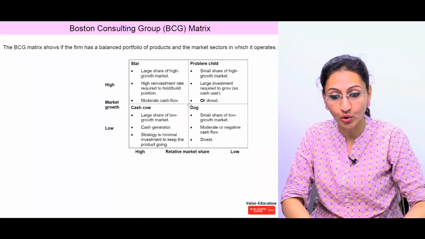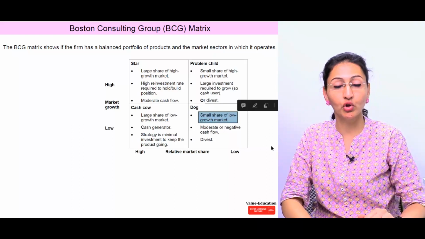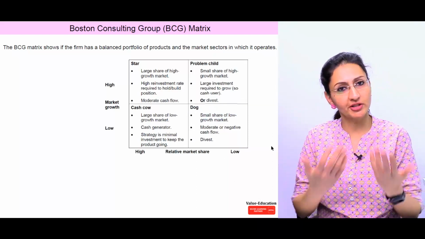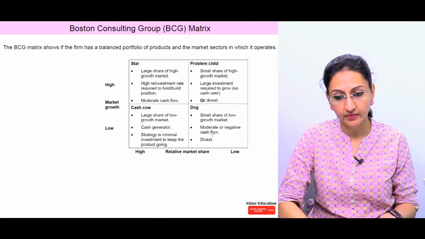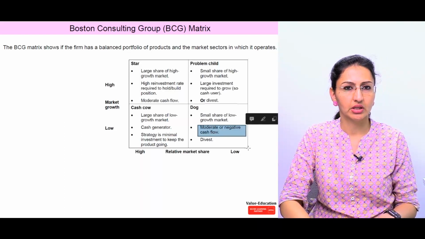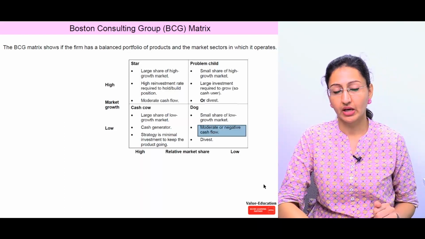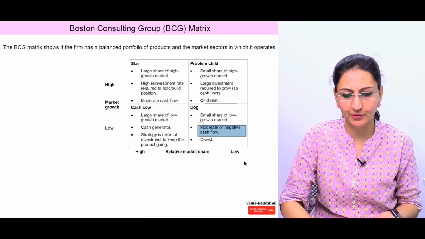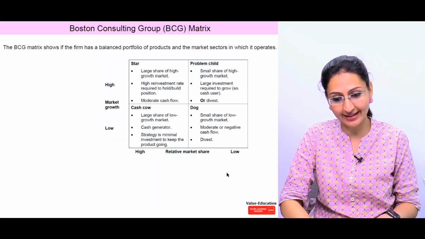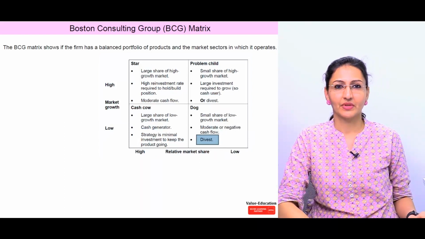Now let's come to dogs. They have a small share of a low growth market. That means the possibility of growth is very low, and the market share is also low. Negative cash flows. They do not bring cash inflows; they bring either negative cash flows or very little. They are strictly a good candidate for divestment. Sell them off.